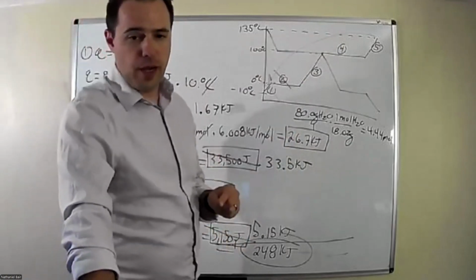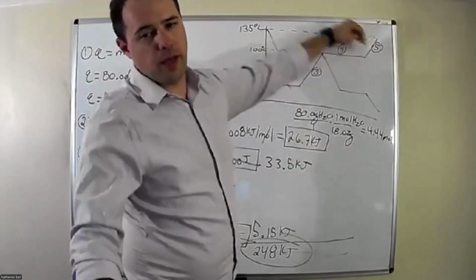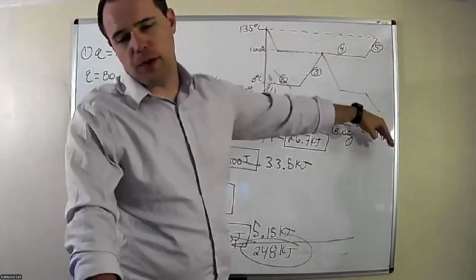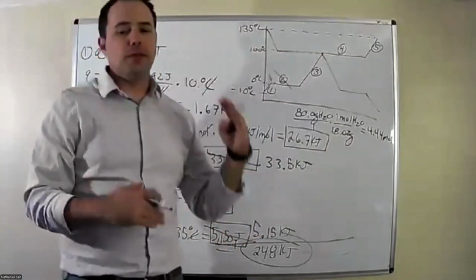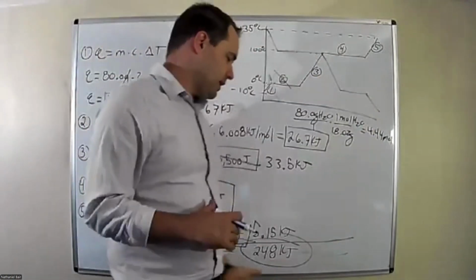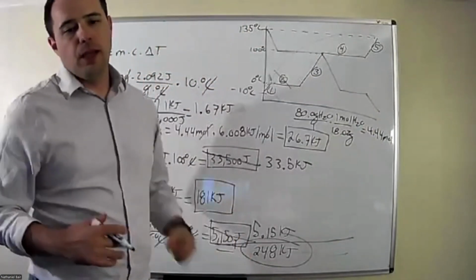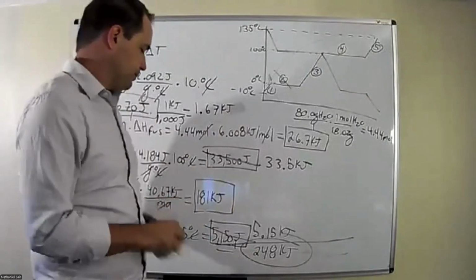Law of conservation of energy. If it takes 248 kilojoules to go this way, then it would release 248 kilojoules if I was cooling. The heating and cooling curves are just opposites of one another. So if I was cooling steam from 135 to -10, I'd just make that a -248, and the negative sign just means releasing energy in the end.